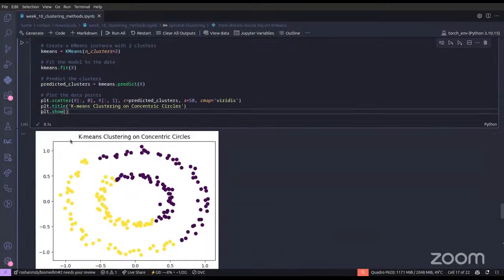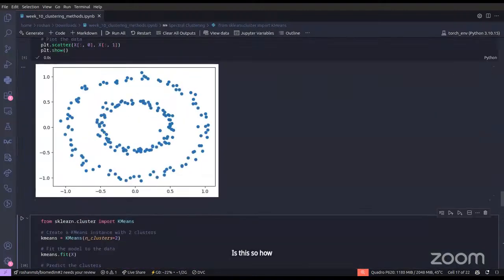Is this a good way of clustering this data set? How many clusters are there in this data set?